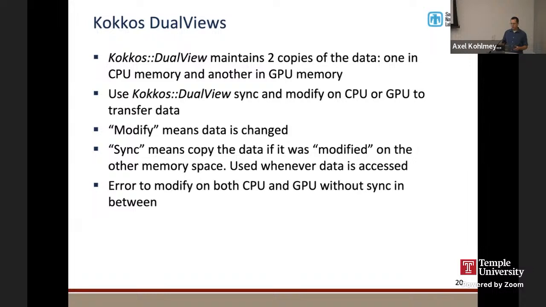It won't do anything. If you need the data on the GPU and it's been modified on the CPU, then you call sync, then it will automatically migrate the data to the GPU, and make sure that it's up to date, it's in sync. If you try to modify both on the CPU and the GPU without a sync in between, then that's an error.